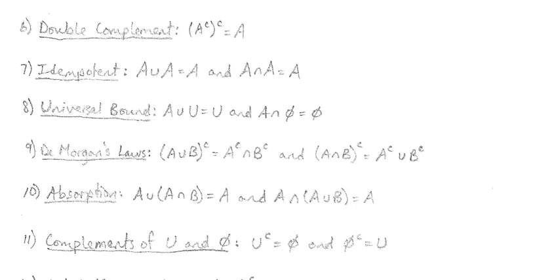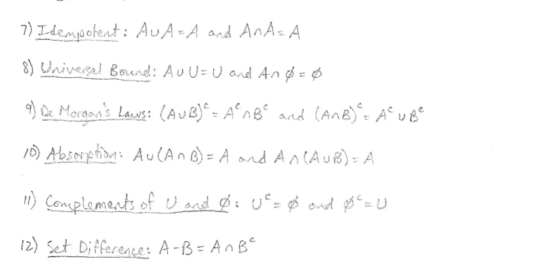Nine, De Morgan's laws. What's the complement of A union B? Well, it's the intersection of the complement of A and the complement of B on their own. This is very similar to De Morgan's laws for taking the negative of a conjunction or a disjunction.